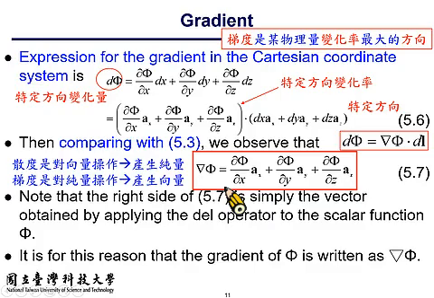That's the gradient operator in the Cartesian coordinate system, equation 5.7. We also know that divergence is performed on a vector and you end up with a scalar, and the curl operation is performed on a vector as well, and it ends up with a vector. And the gradient is performed on a scalar and produces a vector.